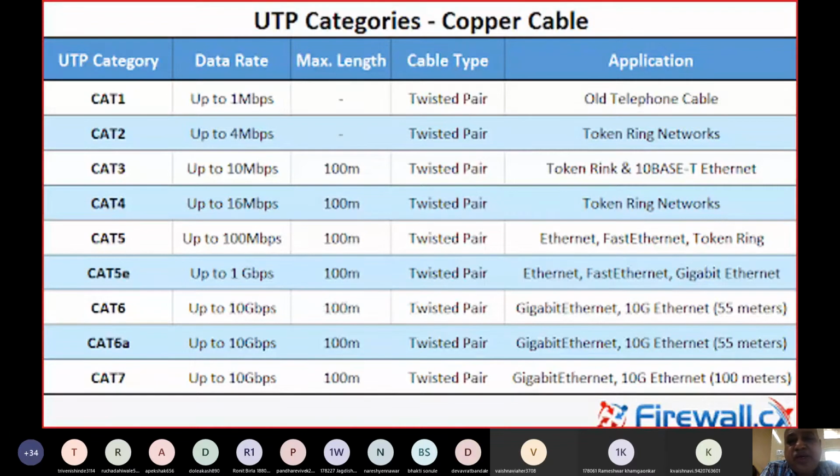Every version is improved over the earlier version. That means the plastic, the conductors, and the capacity of the metal used for conducting have changed accordingly, and with the improved metallic properties for conducting data, the speed has drastically improved.